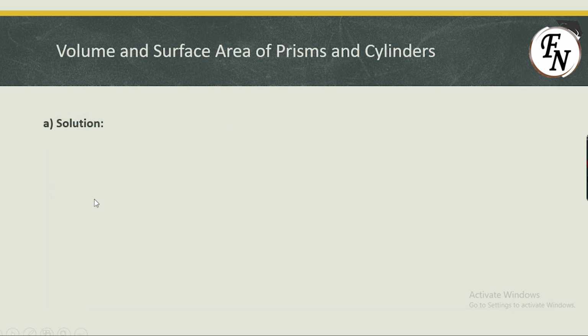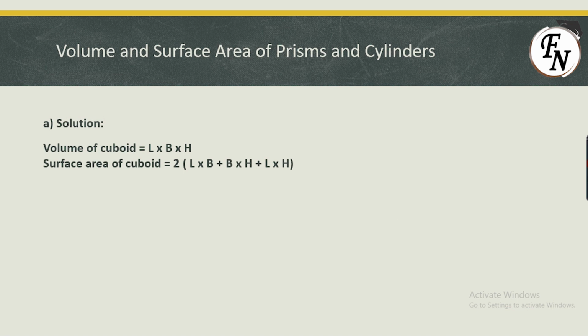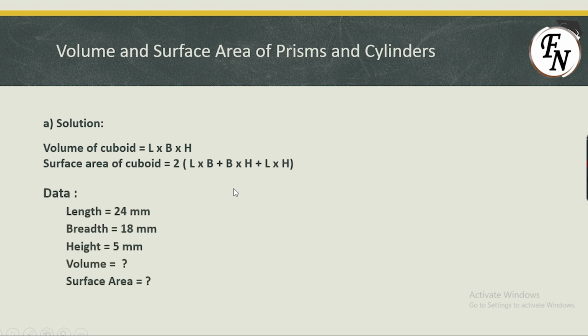Solving part A, again I need to recall that the formula for the volume of a cuboid was length into breadth into height, and the surface area of a cuboid was 2 into (length into breadth plus breadth into height plus length into height). Now the first part: the length is 24 millimeters, the breadth is 18 millimeters, the height is 5 millimeters.